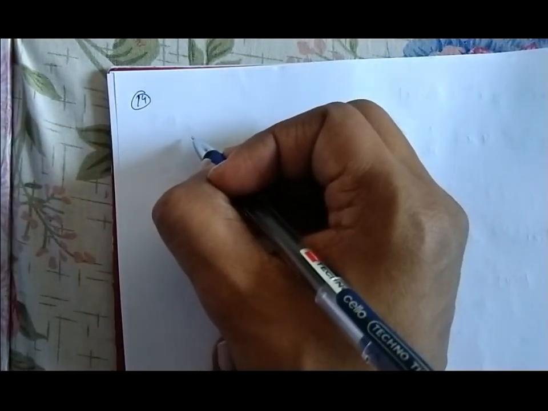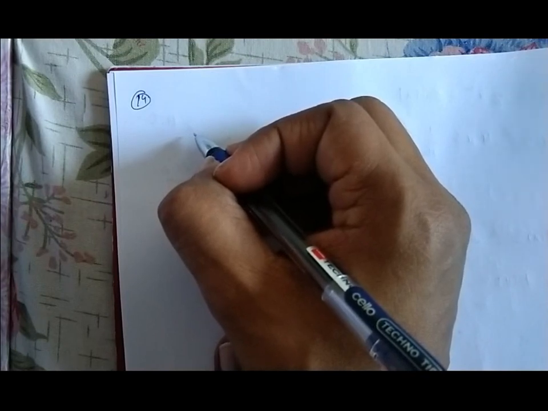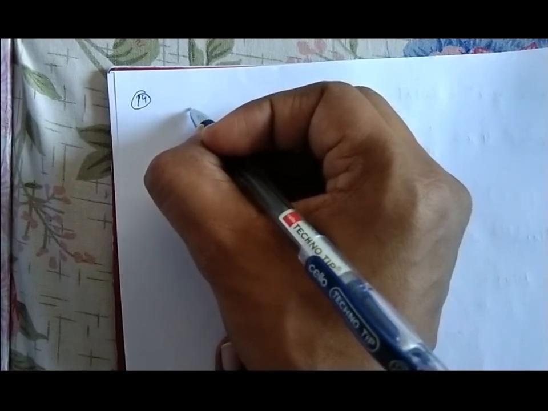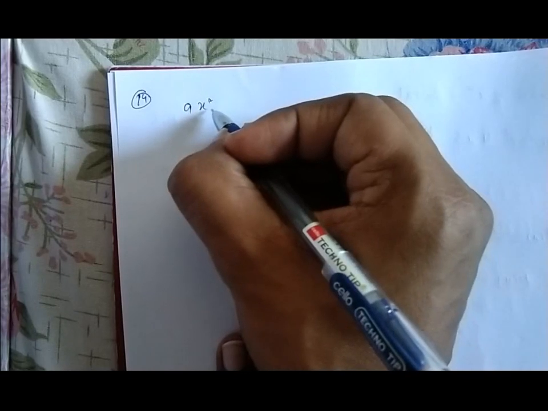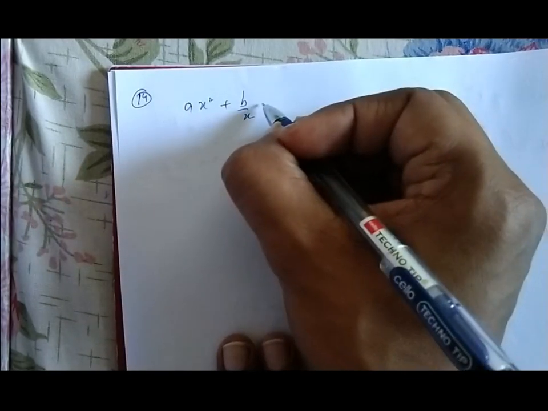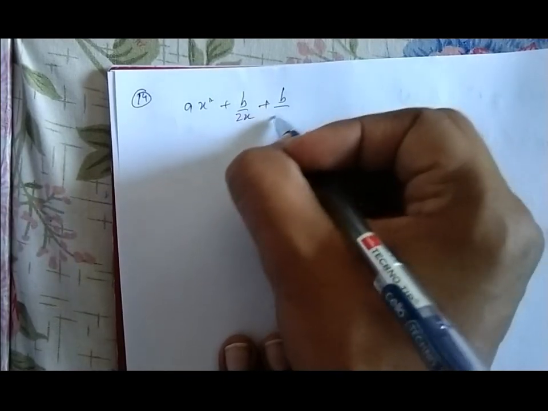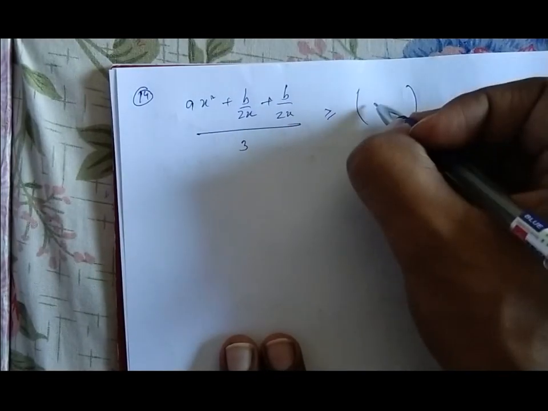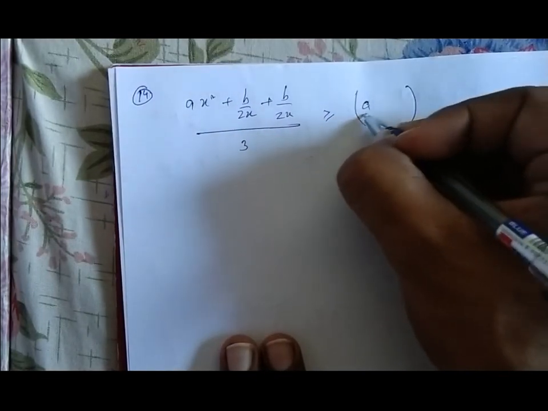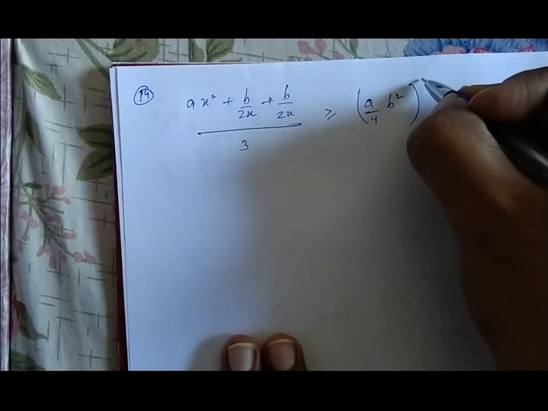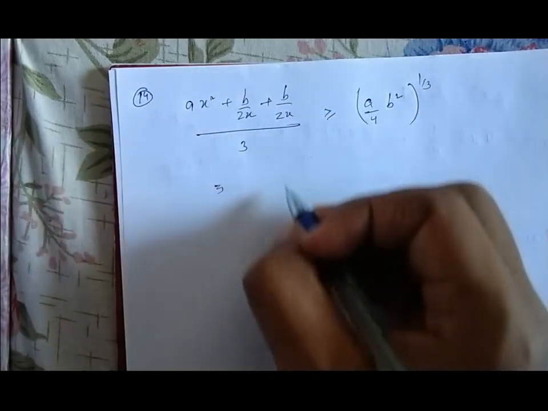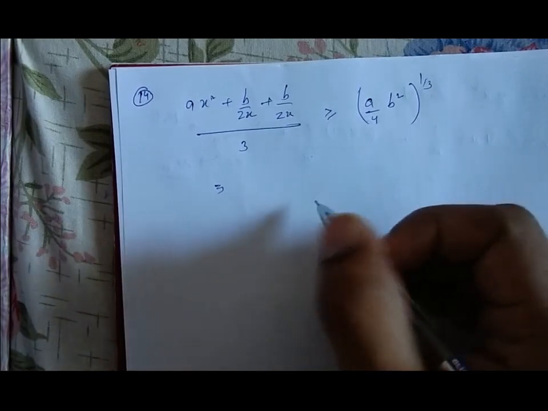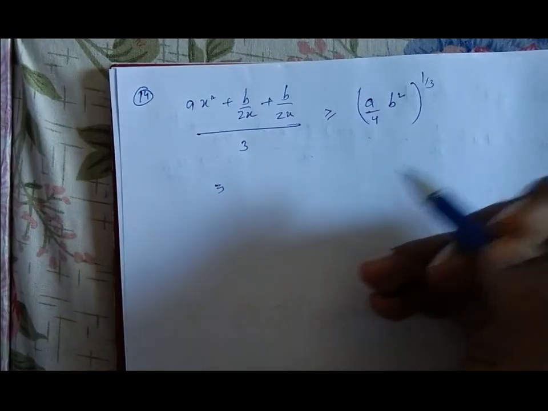So we need to prove that ax square plus b by x is greater than or equal to c. We can use AM-GM for this. ax square plus b by 2x plus b by 2x upon 3 is greater than or equal to cube root of a by 4 b square. Now this will be c. This is the minimum value of c.